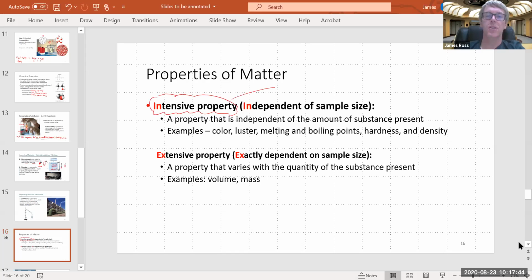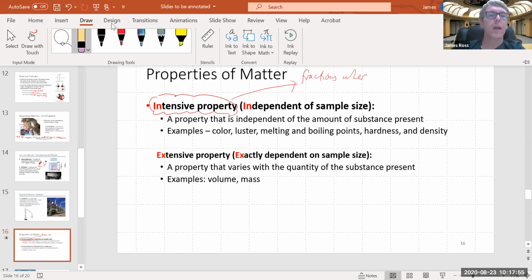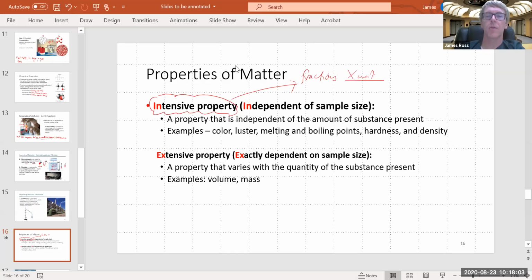They are fractions, x unit over y unit, where both the numerator and the denominator have a unit.